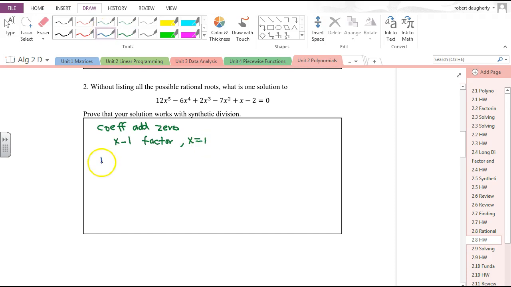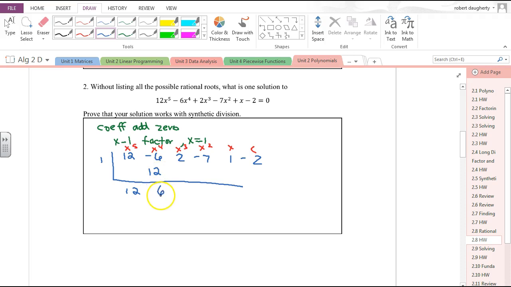So let's make it work. You write down the coefficients: 12, minus 6, 2, minus 7, 1, minus 2. Those are my coefficients to x to the 5th, x to the 4th, x cubed, x squared, x, and constant. Bring the 12 down. What's 1 times 12? 12. 12 minus 6? 6. 1 times 6.